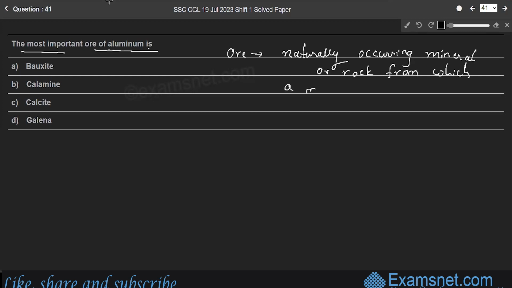Here, the most important ore of aluminium is bauxite. Option A is the right answer.